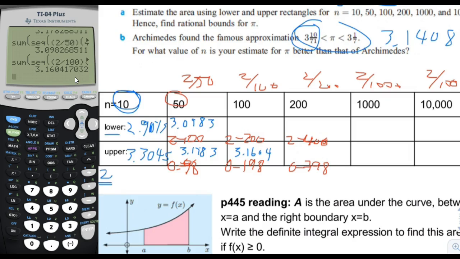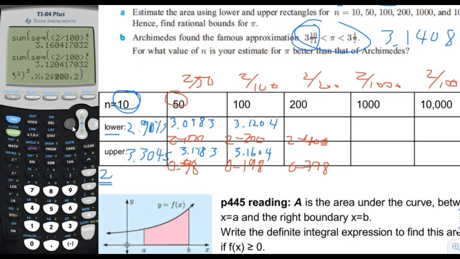And then let's try 2 to 100. Not 2 to 100, 2 to 200. 3.1204. Still not that close.